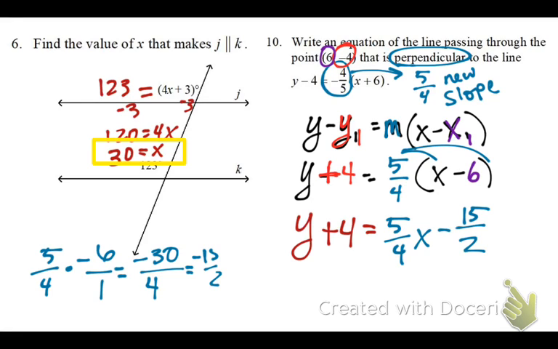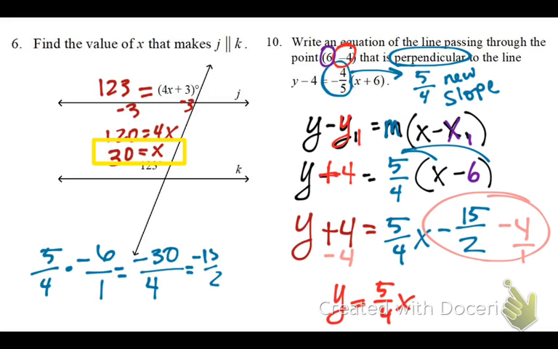All right, so then my next step is to subtract 4. So we'll have y equals 5/4 x. So we're going to subtract 4. I'm going to put 4 over 1. So when I'm subtracting these two things, do I want them to have the same denominator? I do. What denominator do I want them both to have? A 2. So what am I going to multiply the top and the bottom by? 2. So what will my new fraction look like?